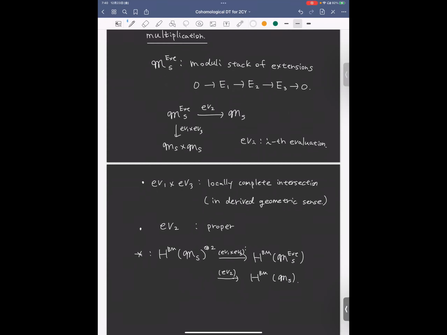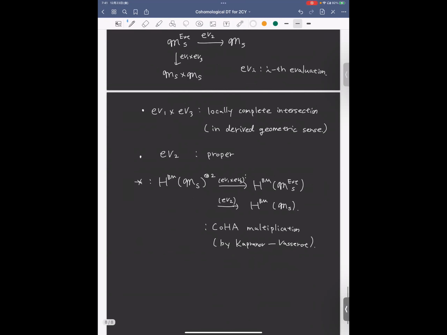And so we can define a multiplication on the Borel-Moore homology group. This is called the CoHA, or cohomological Hall algebra multiplication, and this was introduced by Kapranov and Vasserot.